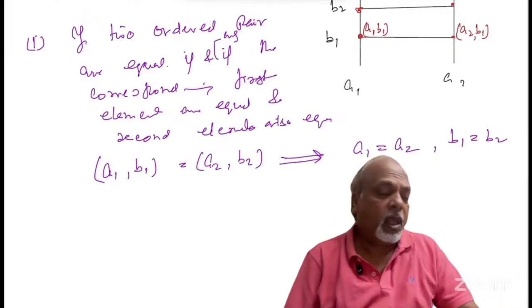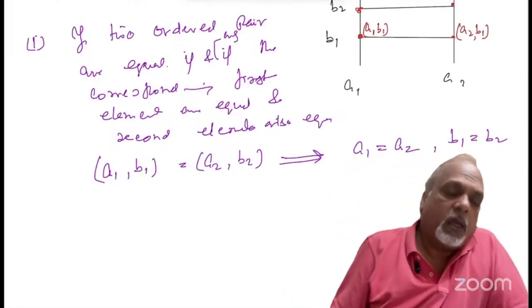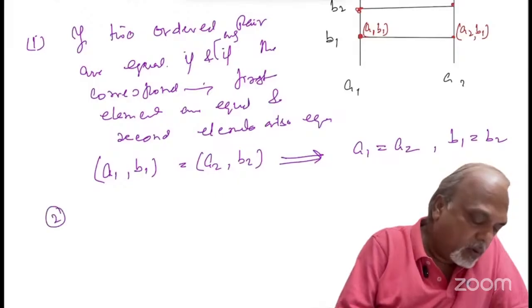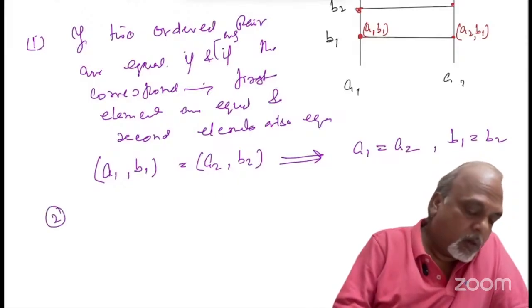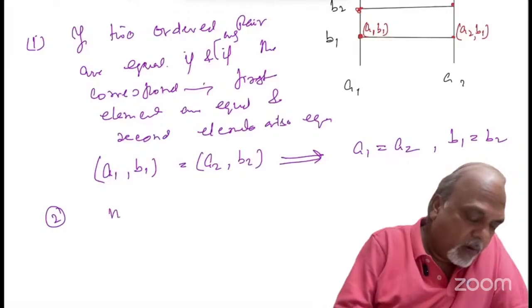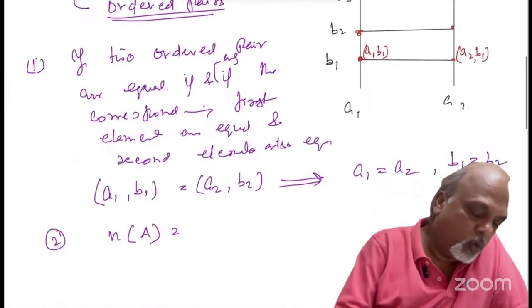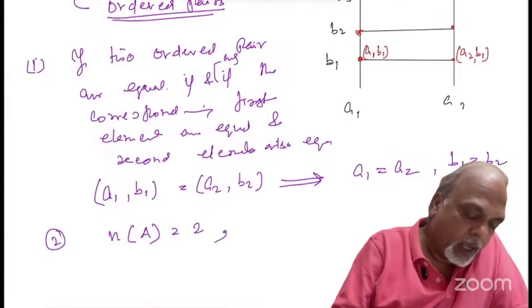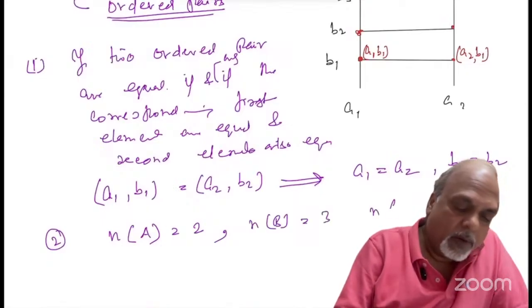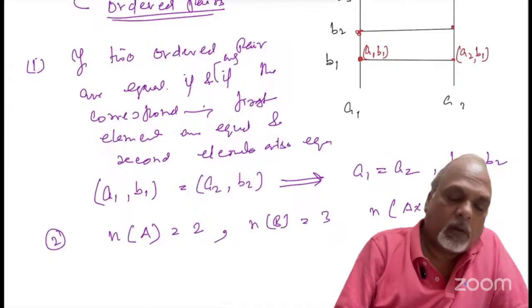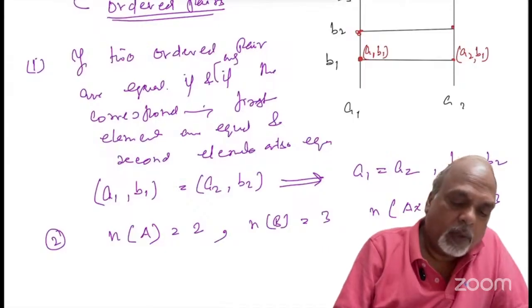Correct? Here, if you see, suppose you have number of elements in set A. Here, basically, number of elements in set A is 2 and number of elements in set B is basically 3. Then number of elements in your Cartesian product must be equal to 2 into 3, means 6.